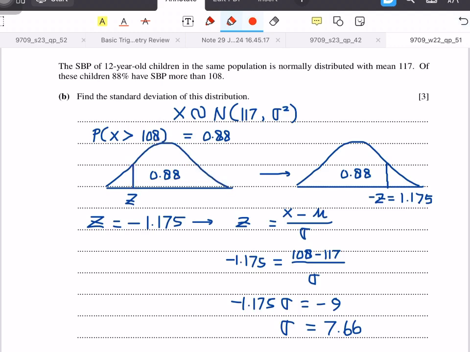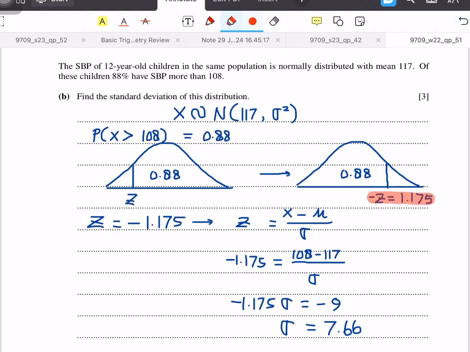So we are sure that the value of Z is negative, but in the table we don't have negative values of Z. So we need to flip the diagram into this diagram. So this one will be negative Z because the position is on the right of the mean. The Z itself is negative, so negative Z becomes positive.